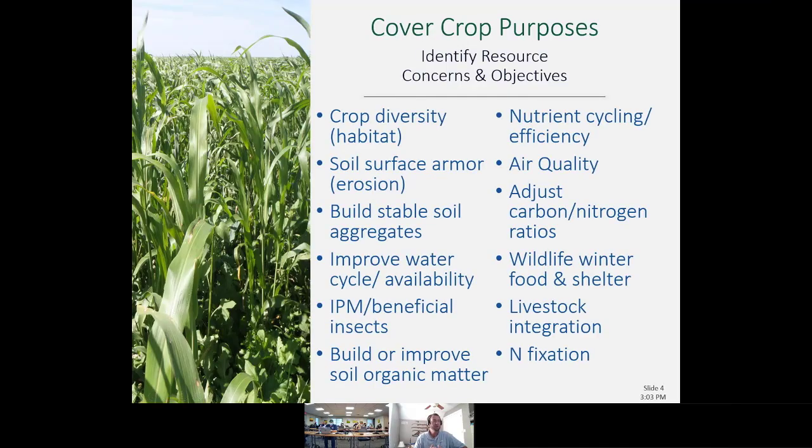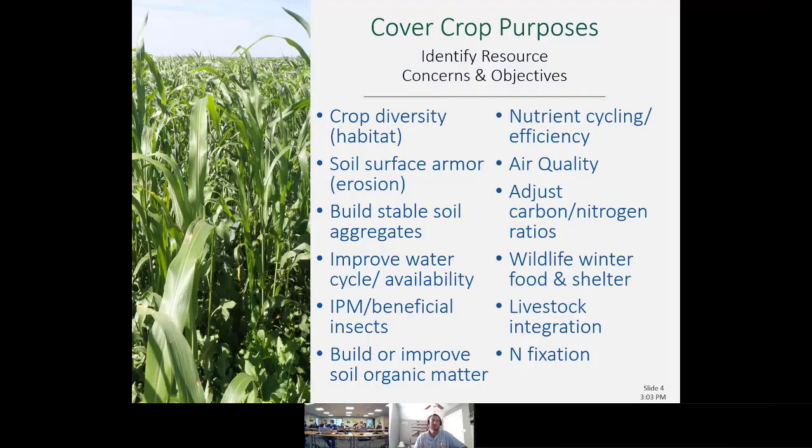But what we see here is several different things that cover crops alone could address as far as resource concerns and objectives. And I want you to think, as planning staff on a daily basis, with the conservation practices that you commonly use, just think about what they are able to address.